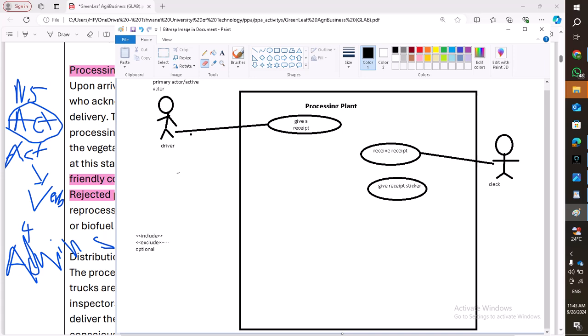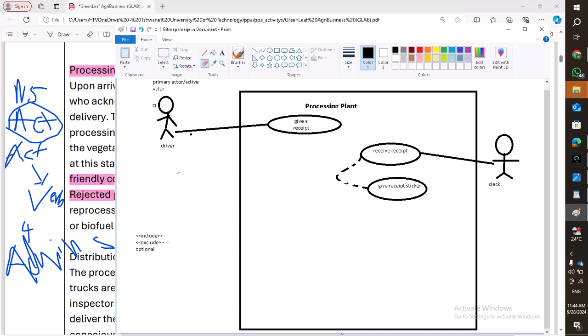If the flag receives the receipts automatically, this flag needs to do something, because it's the dashed arrow. Only use case relationships are indicated by dashed arrows.